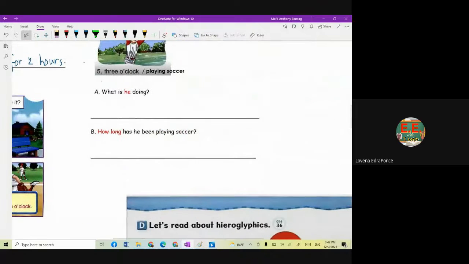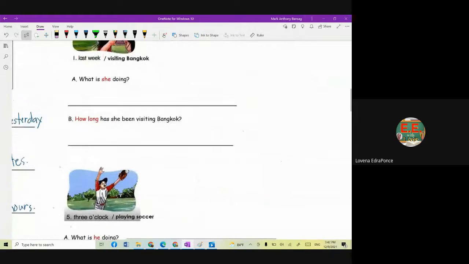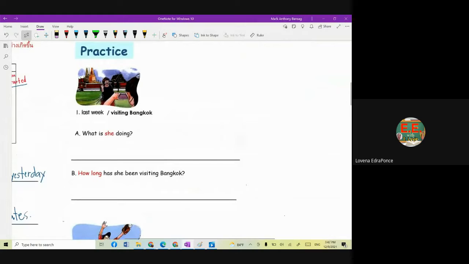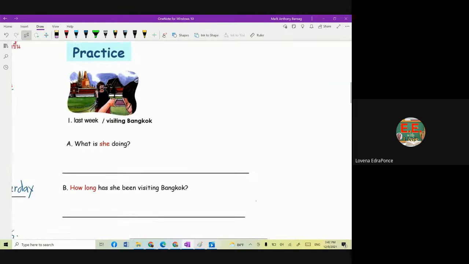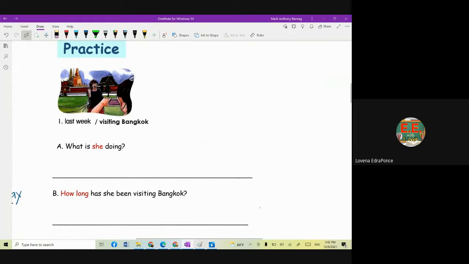Now let's try to answer these questions. So basically we are answering 2 questions. What is or what are they doing and how long they have been doing the action.